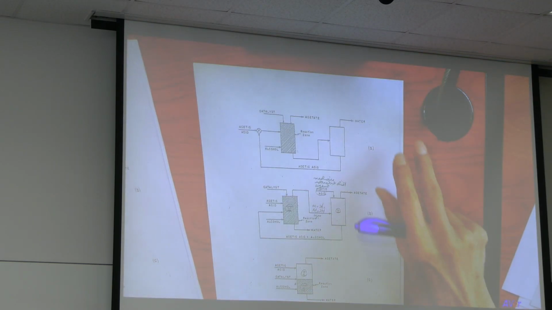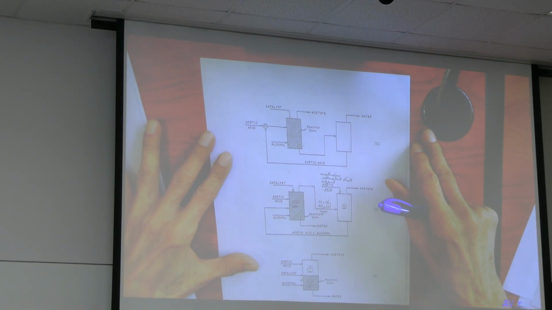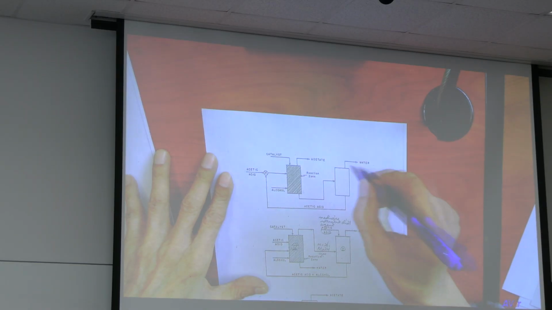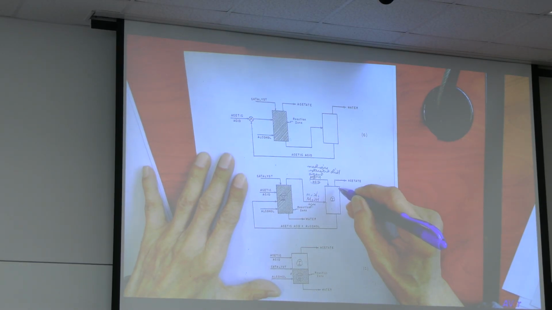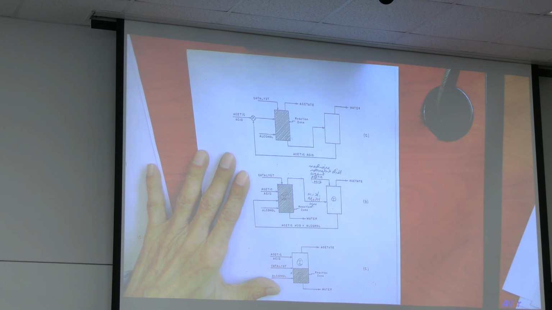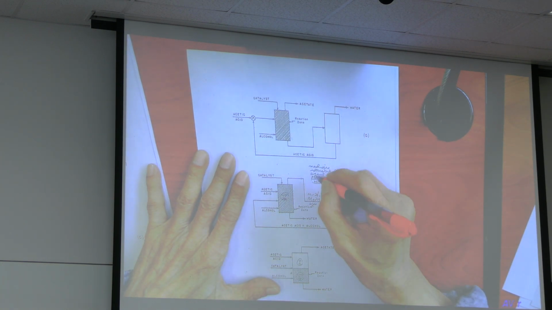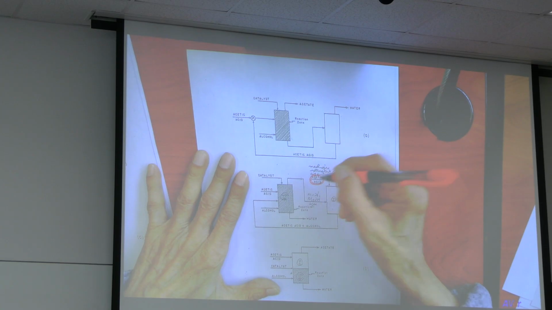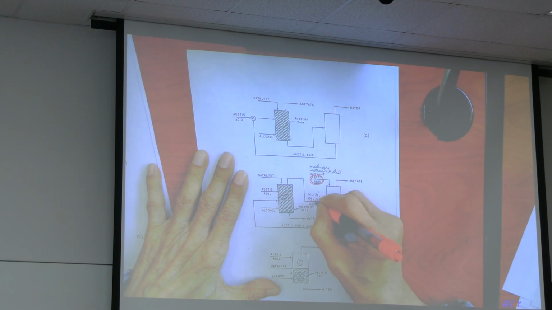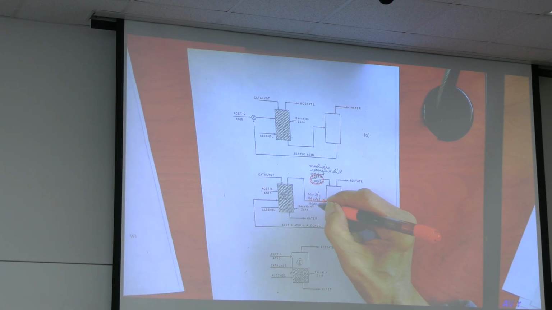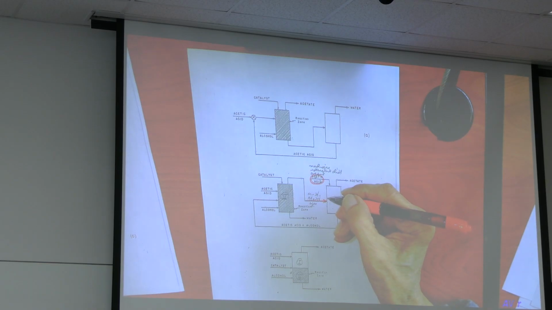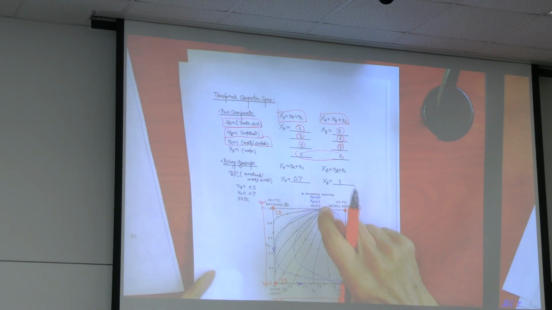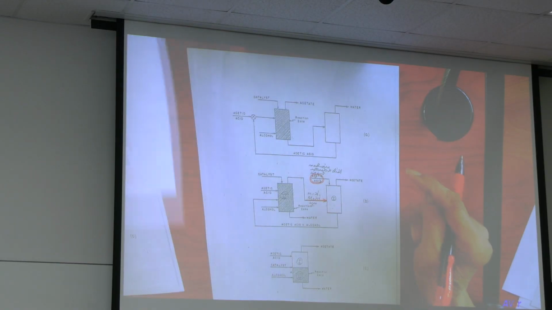What is going on? First, acetic acid. This is azeotrope. That is this point. Okay?